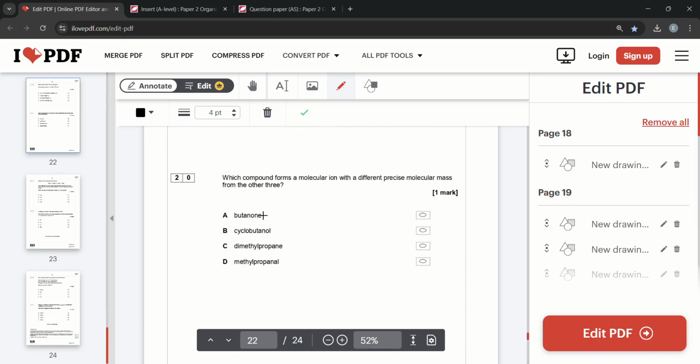Which compound forms a molecular ion with a different precise molecular mass from the other three? That's a ketone. Butanone, the ketone. That's butanol, that's got an OH group. This is an aldehyde, and this is an alkane.